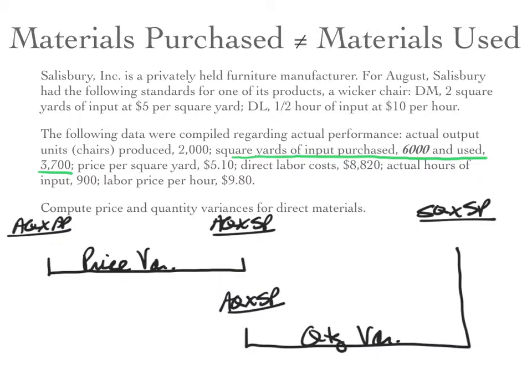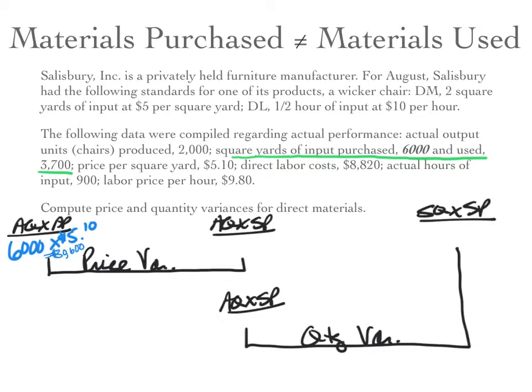So remember, the price variance is based on materials purchased. So the actual quantity in these first two pegs here will be based on materials purchased. So the actual quantity of materials purchased was 6,000, and the actual price was $5.10. So my actual cost in this case would be $30,600.